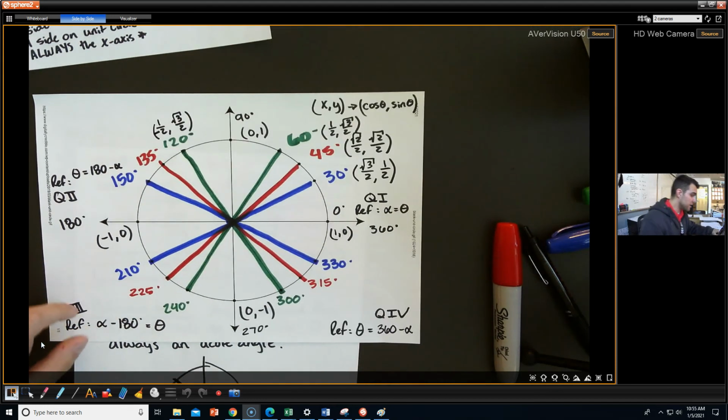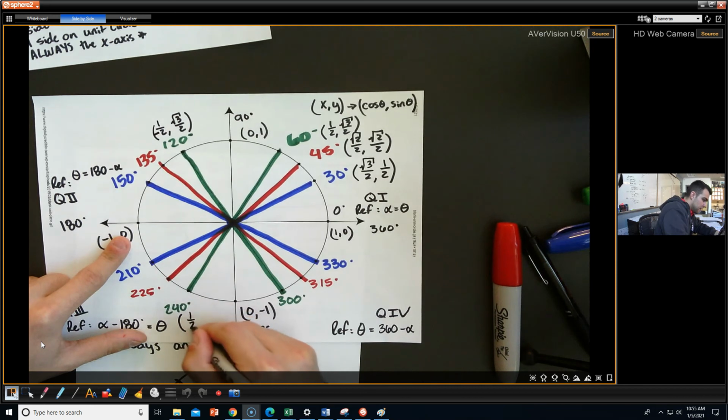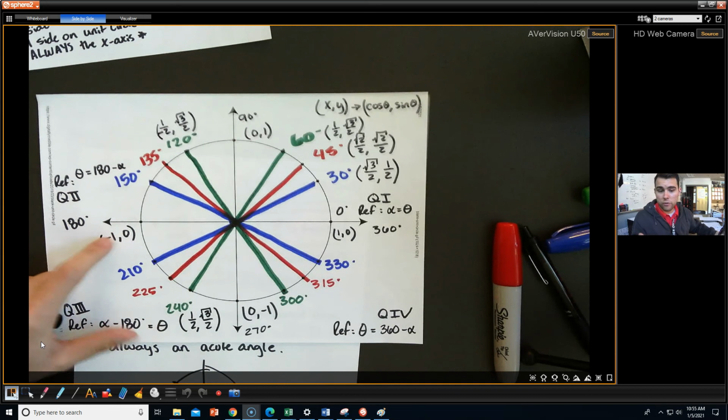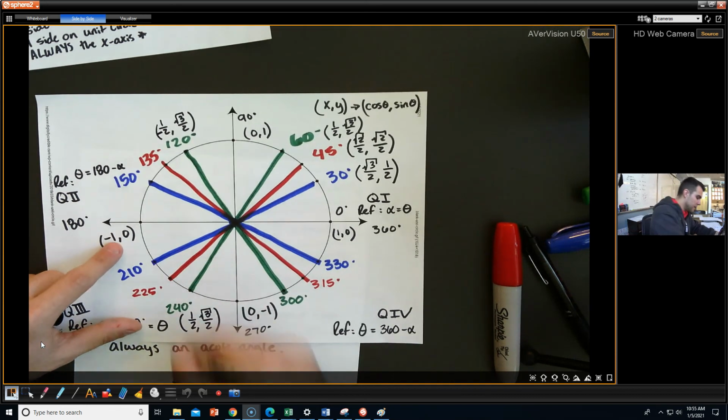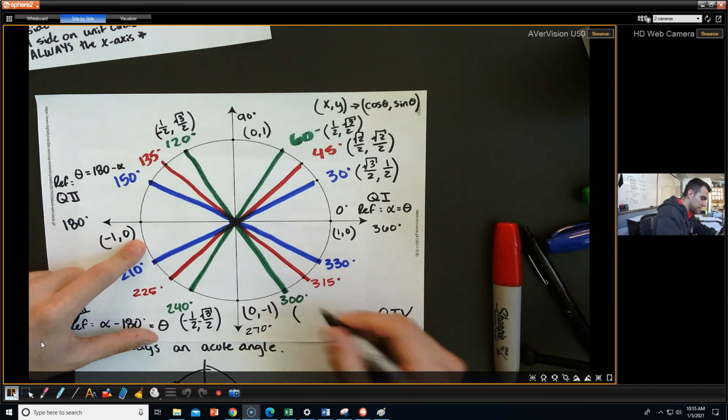If we continue on, like if I look at 240 degrees, the values are the same. That is still 1/2 comma square root of 3 over 2. But we're in quadrant 3, so the x and the y are both negative. And we can continue this idea for the last one.